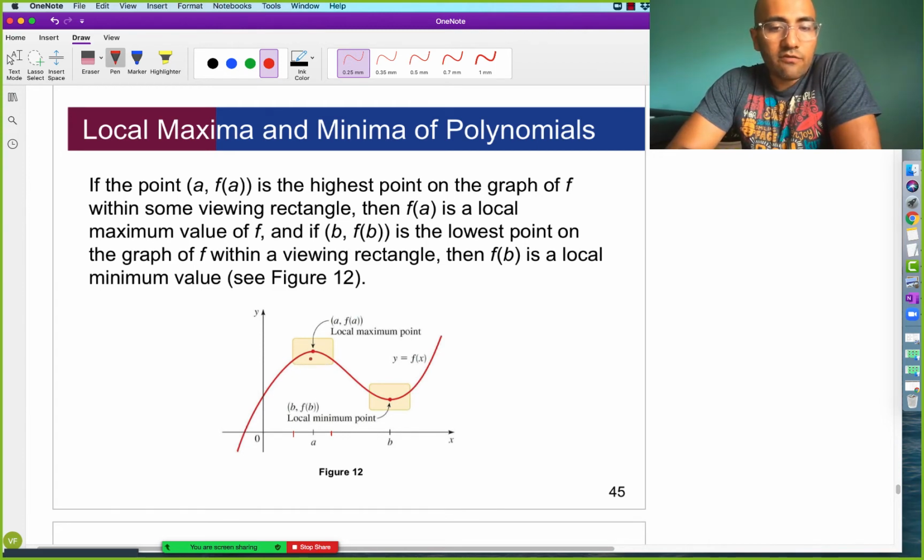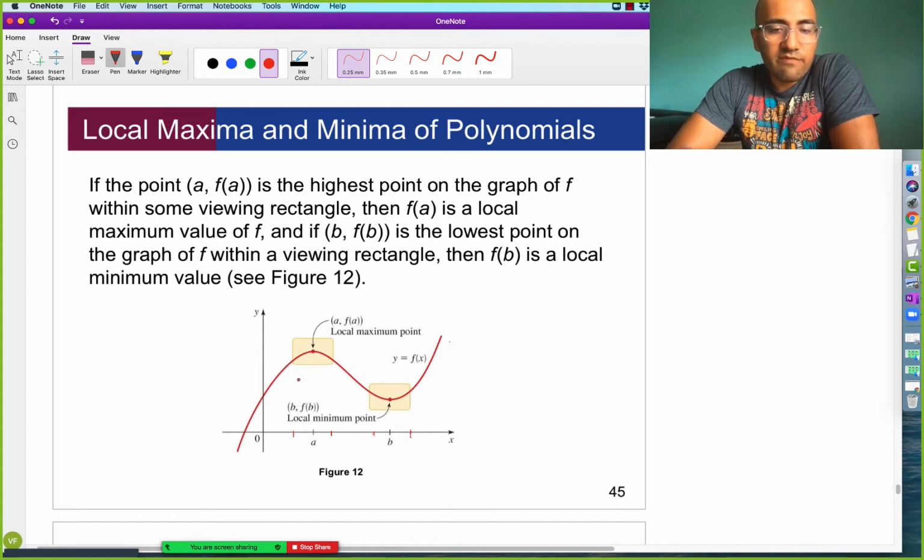It's not the largest value of our function, because notice, for example, over here, these output values are larger than f of a. But within a little neighborhood, it is the largest value. There exists a little neighborhood, a little subsegment of the domain such that f of a is the largest value. And similar for a local minimum, there exists a little neighborhood, a little section of the domain that contains the value b such that f of b is the smallest value in that neighborhood.